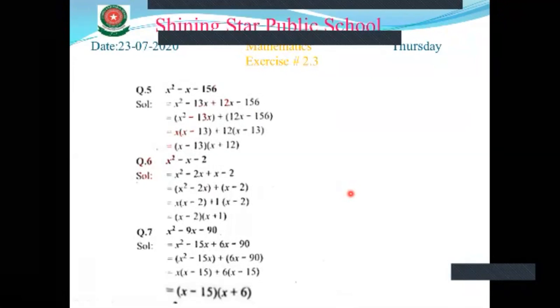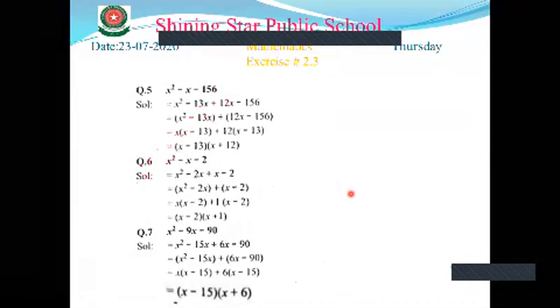Now let's start question number 5. x square minus x minus 156. Now we have to find two numbers. If we multiply them, we must get 156, and if we add them, we must get minus 1. Okay.